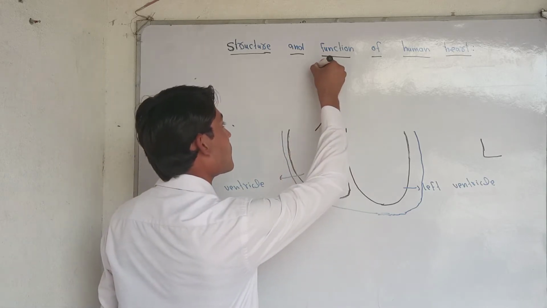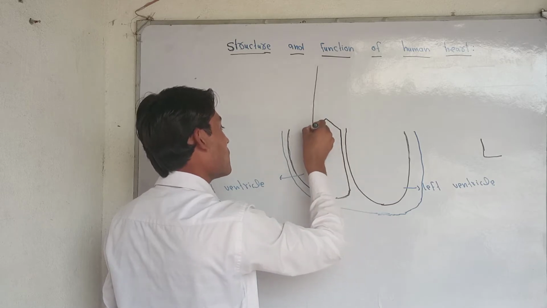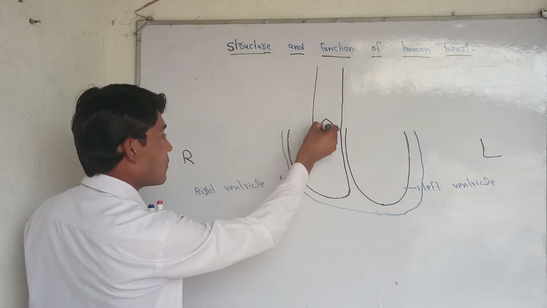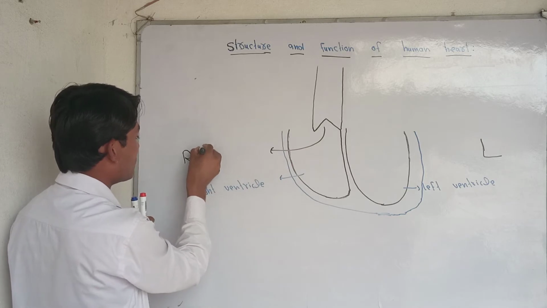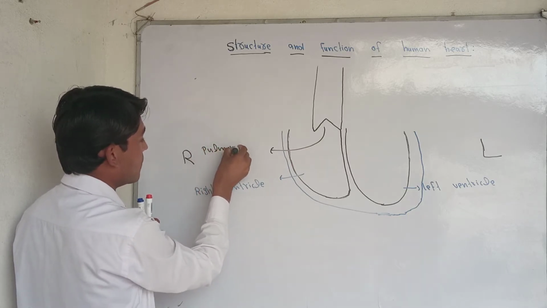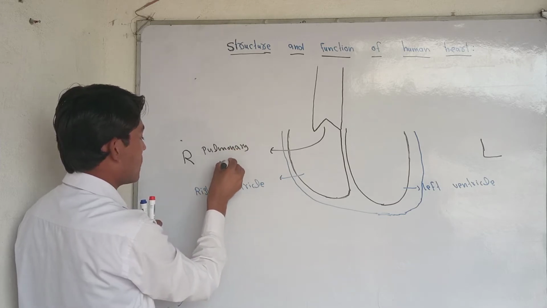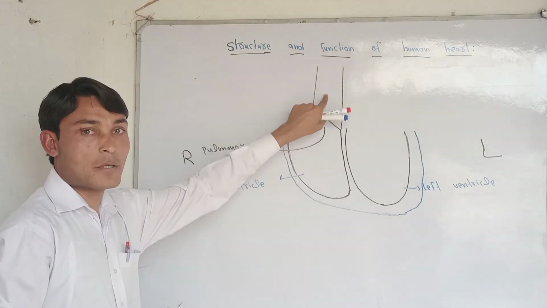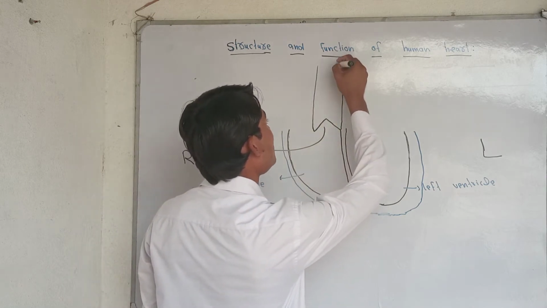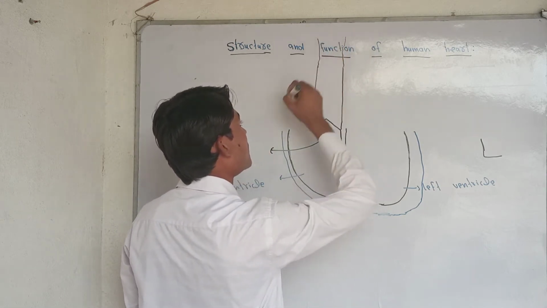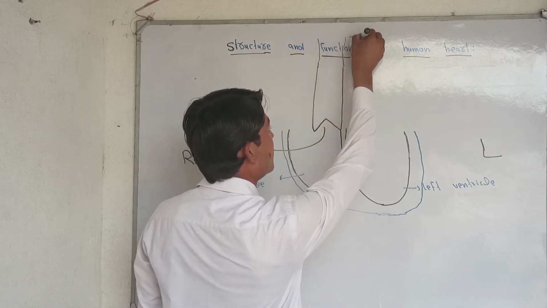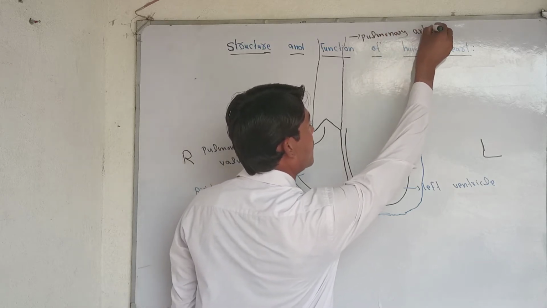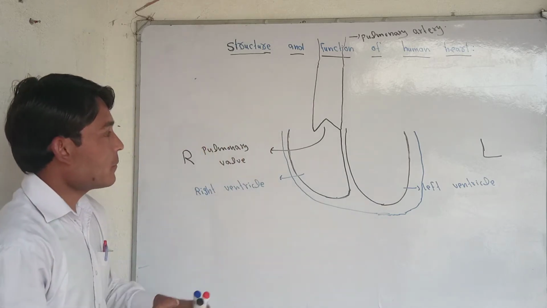This wall is called the pulmonary wall, and this artery is called the pulmonary artery.